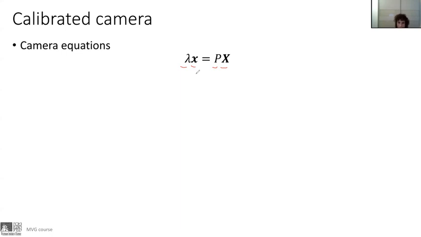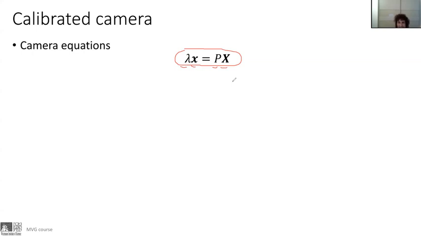Actually, if the input to the structure from motion algorithm is like I described before, what do I know here and what are the unknowns? Anybody can say? From these equations, what are the unknowns and what do I know in solving the structure from motion problem? Try, it's okay if you make mistakes.